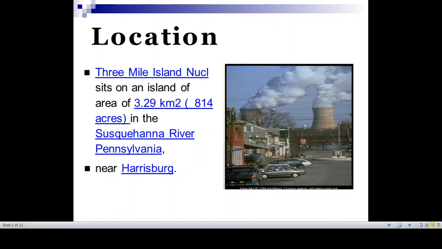This particular nuclear factory or nuclear reactor was situated on an island, and this island had around two nuclear power plants. That means it was not only one nuclear power plant, it had two reactors. These reactors were started for the generation of power.